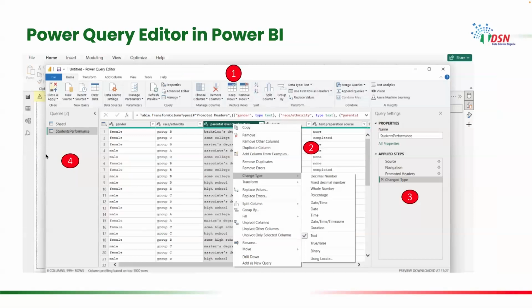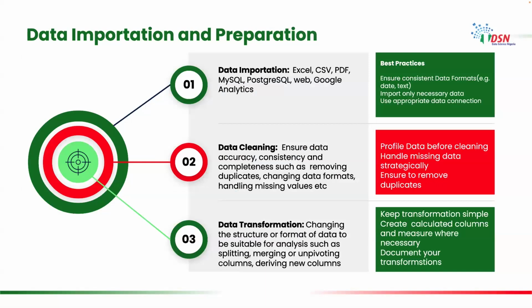Okay, for data cleaning, you have to ensure that data is accurate, consistent, and complete. When we're talking about data being accurate, consistent, and complete, it includes removing duplicates so that you don't skew your reports. You have to remove duplicates. You have to change your data formats.